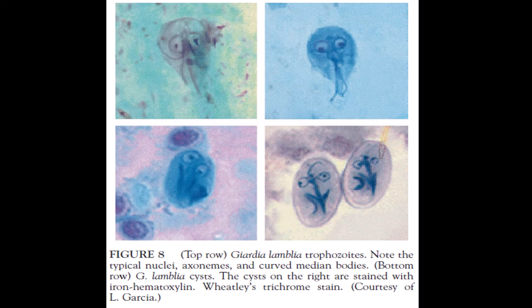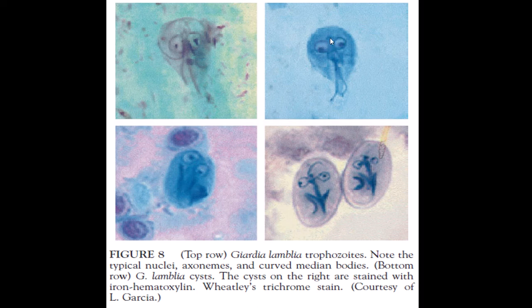So when you look at the trophozoite, you can see two nuclei, and then we have a sucking disc just around them that it uses for attachment, and you can see the flagella, 3 pairs of flagella that it uses for motility. So Giardia lamblia can be differentiated by its nuclei and the sucking disc.